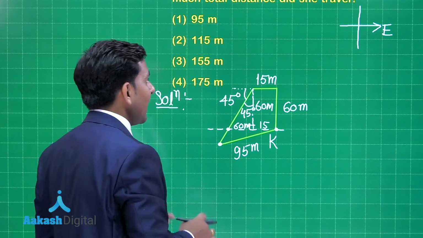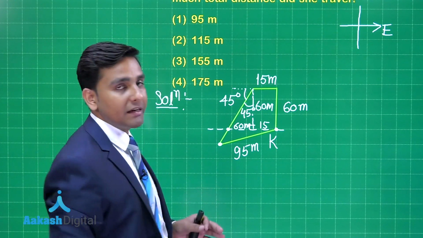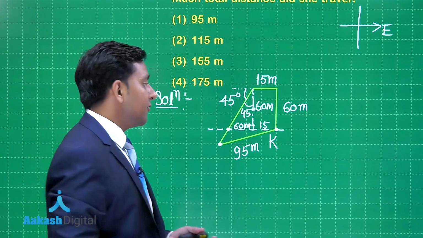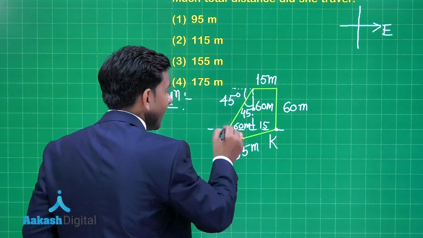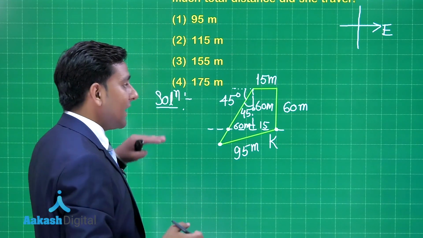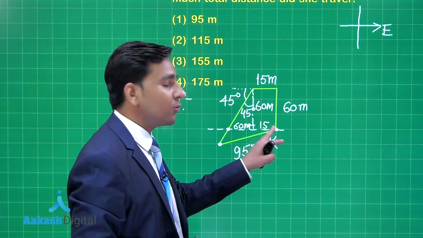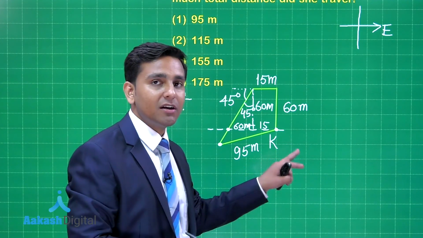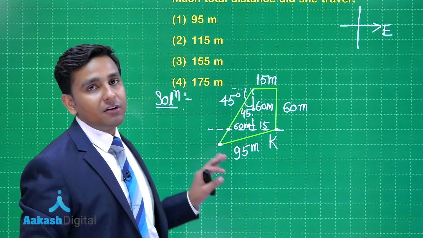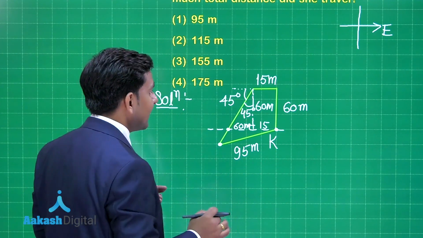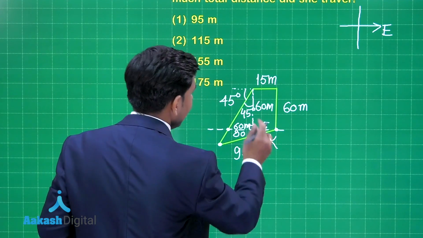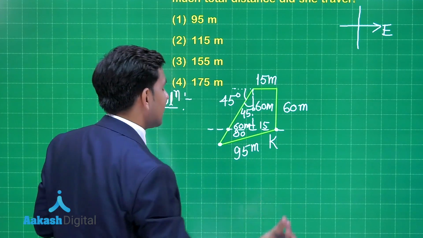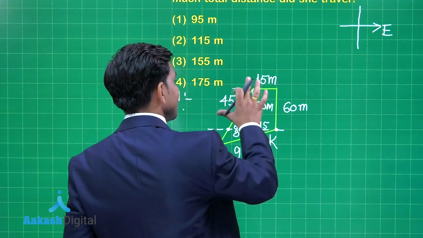And for this diagram, none of the given options is matching. So when you consider her final position lying on the line segment passing through her initial position, then the fourth option will be correct, because at that time you will obtain this distance as 80 meter, this will be 15, and when you apply the Pythagoras theorem on 80 and 60, this will be 100.